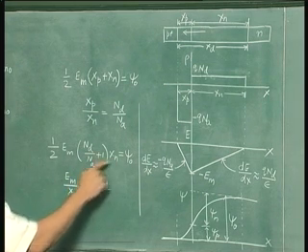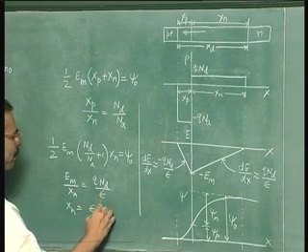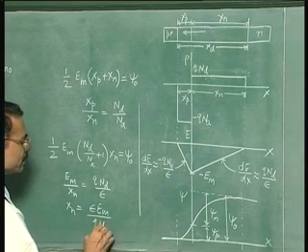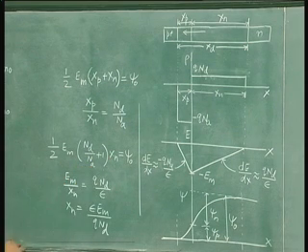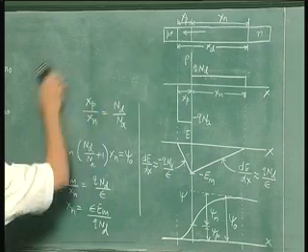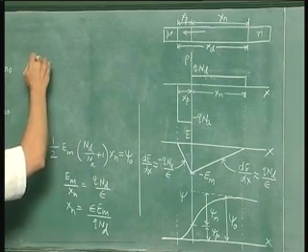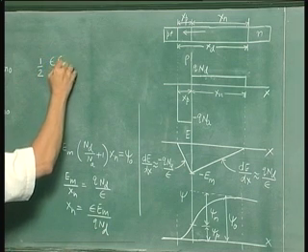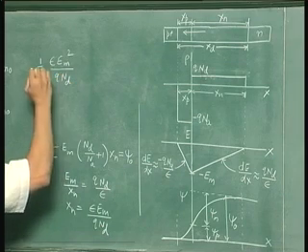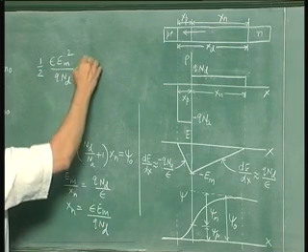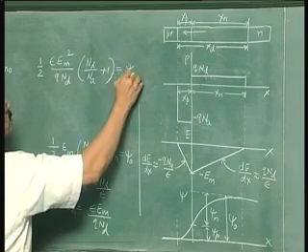So we can write xn is equal to epsilon Em by q times Nd. So this we will replace in this formula, and the result would be half of epsilon Em square by q times Nd into Nd by Na plus 1 is equal to psi naught.